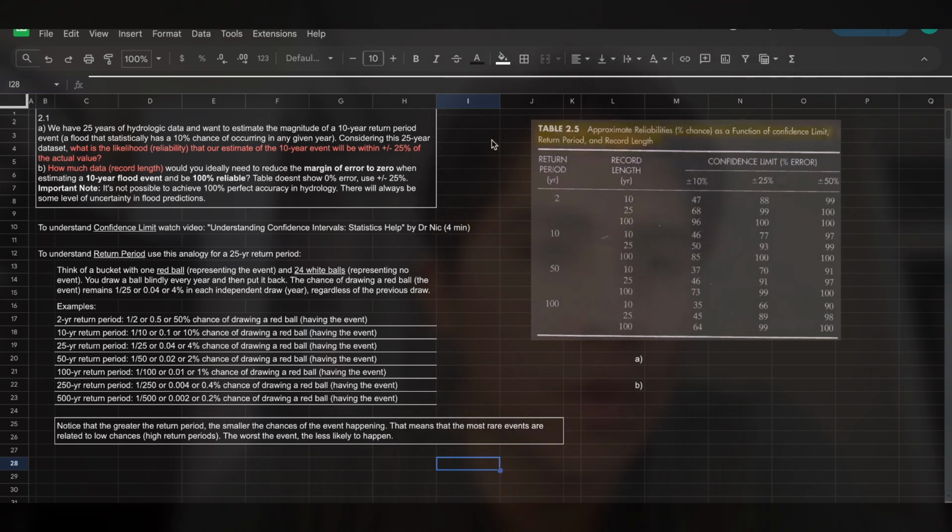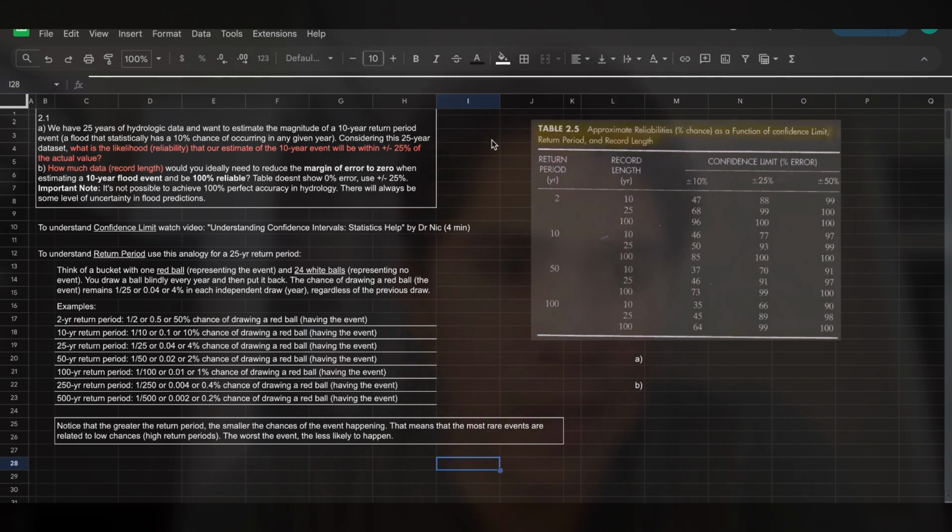So, 2.1: we have 25 years of hydrologic data and want to estimate the magnitude of a 10-year return period event, which is a flood that statistically has a 10% chance of occurring in any given year. Considering this 25-year dataset, what is the likelihood or reliability that our estimate of the 10-year event will be within plus or minus 25% of the actual value?